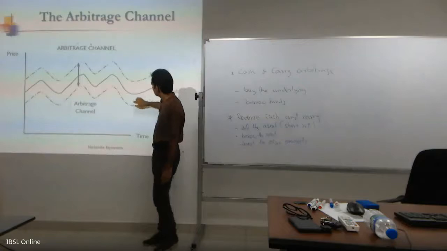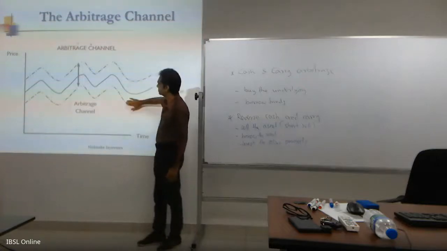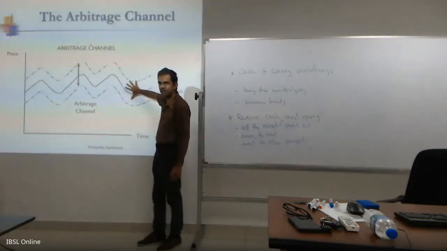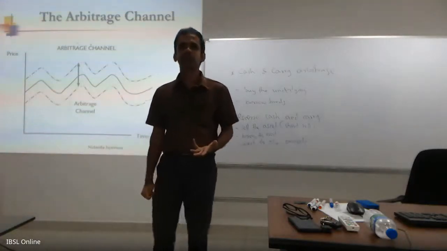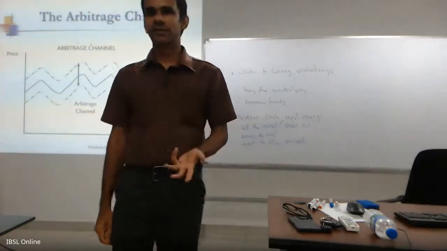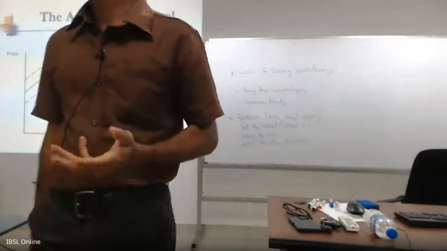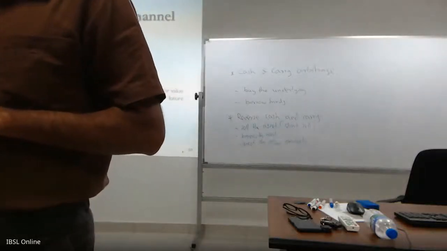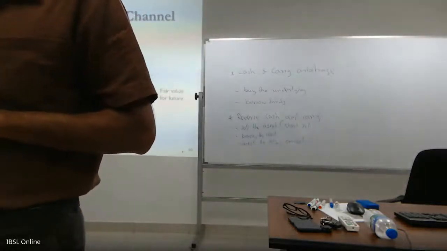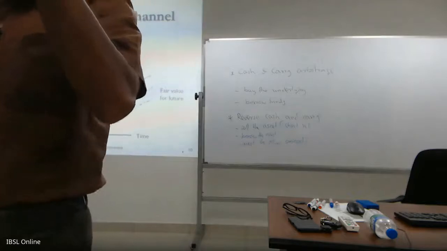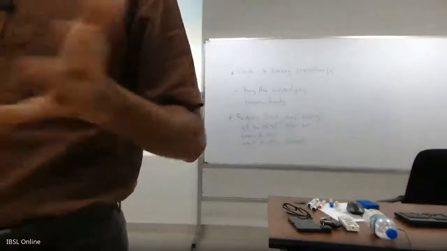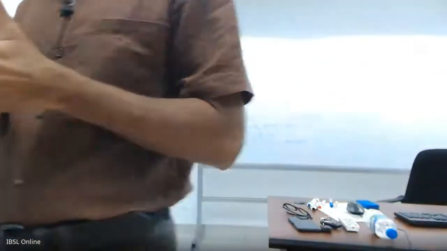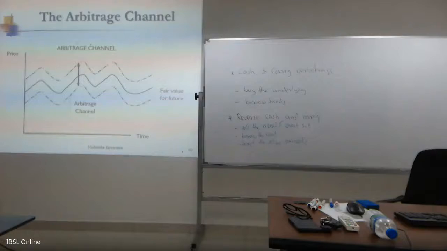But the market price can be in between these two bands, and still nobody will be able to exploit the arbitrage because of the commissions and other transaction costs. Practically there will be a band within which the futures price may deviate from its fair value, but there won't be any arbitrage opportunity.